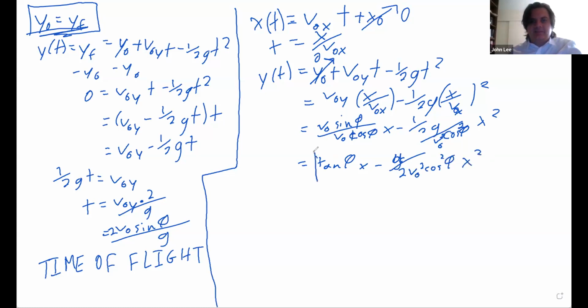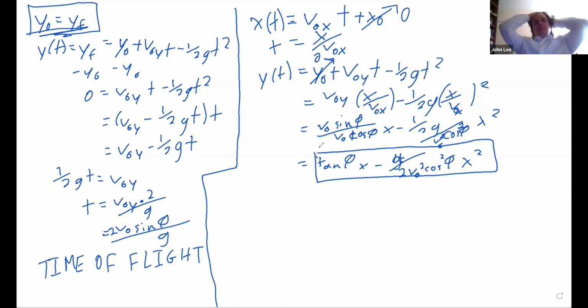And then this is going to give you the shape of the projectile motion.